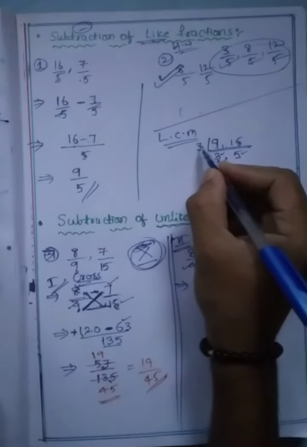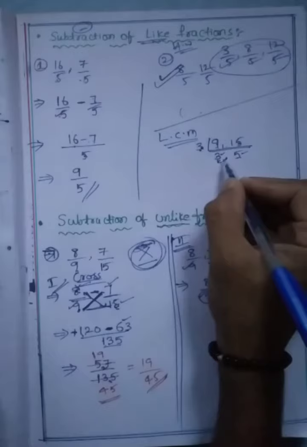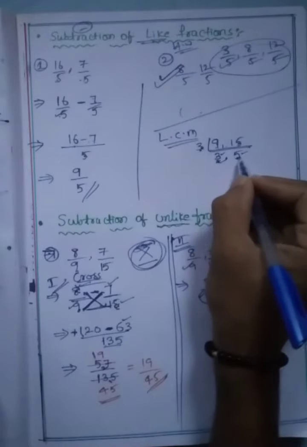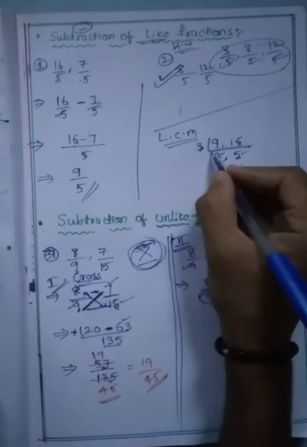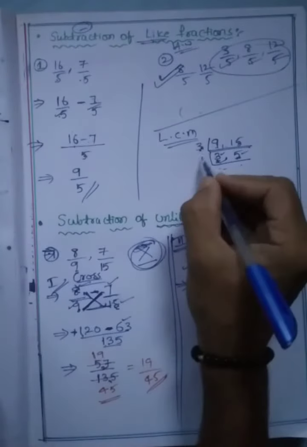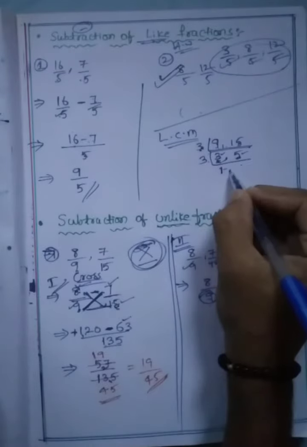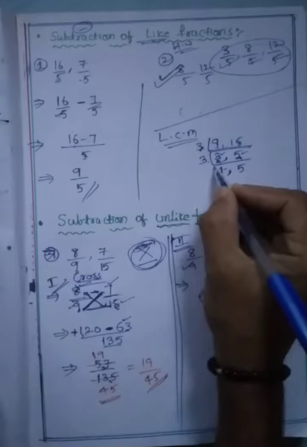Prime factorization method means we should check this by using prime numbers, until getting a prime number. This is a prime number and this one also a prime number, or 1 1, until getting 1. So take 2 steps as you wish. I am going to take 3. 3 ones are 3. 5 does not come in the 3 table, so write that 5 as it is.